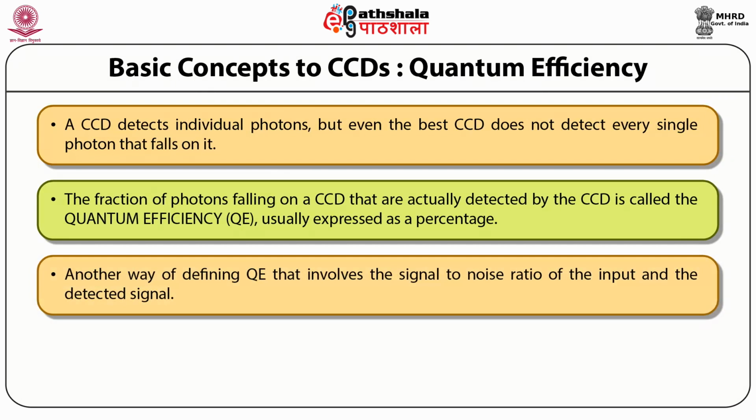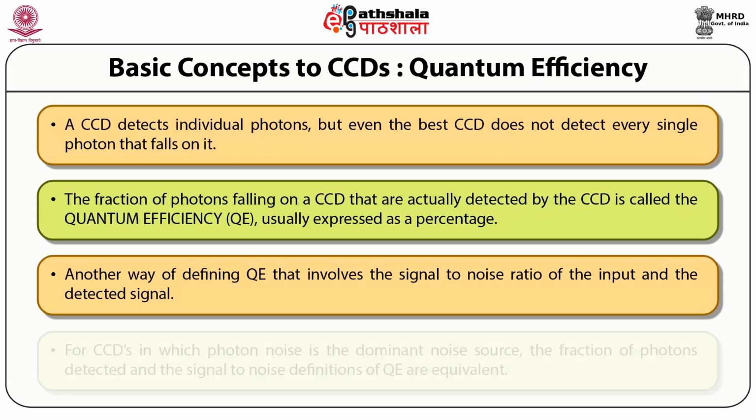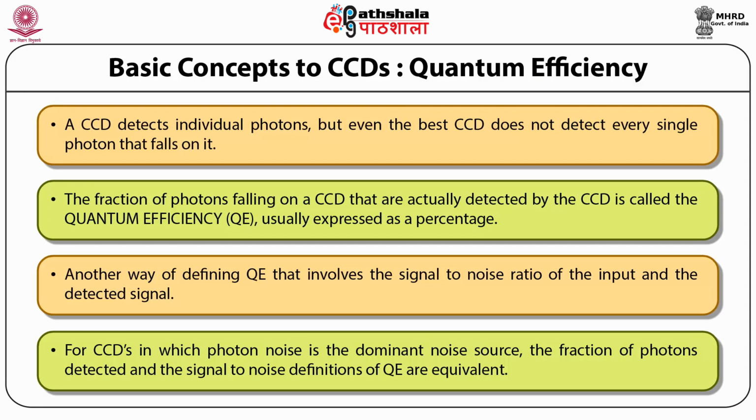Another way of defining quantum efficiency involves the signal to noise ratio of the input and the detected signal. For CCDs, in which photon noise is the dominant noise source, the fraction of photons detected and the signal to noise definitions of quantum efficiency are equivalent.